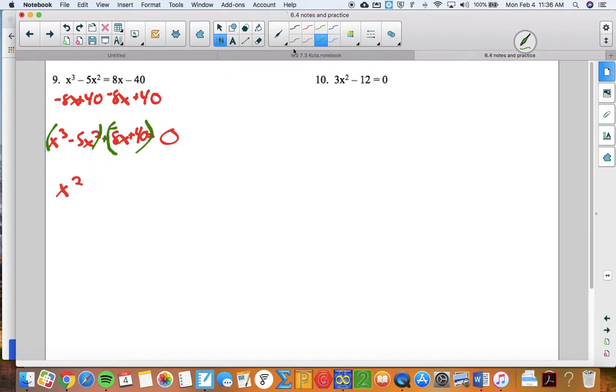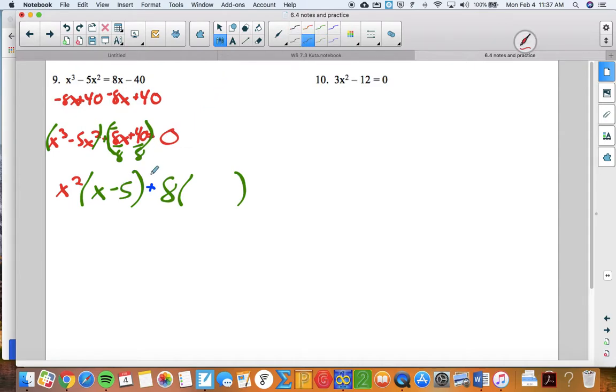So x squared times x minus 5 plus. Now here I need what's left in the parentheses to match what was left in the first binomial. So if I divided an 8 out of here, that's going to actually give me the opposite. It will give me a negative x and a positive 5. I want a positive x and a negative 5.